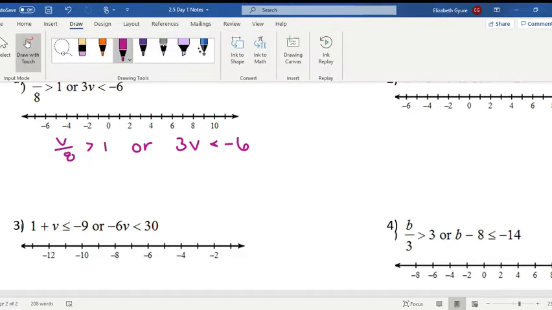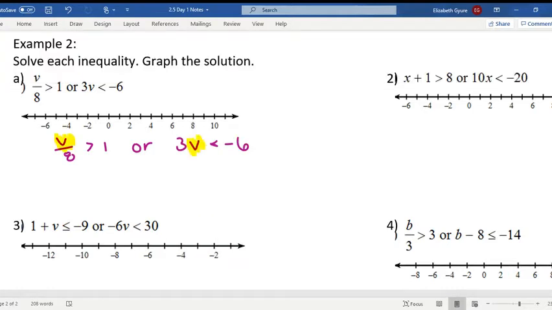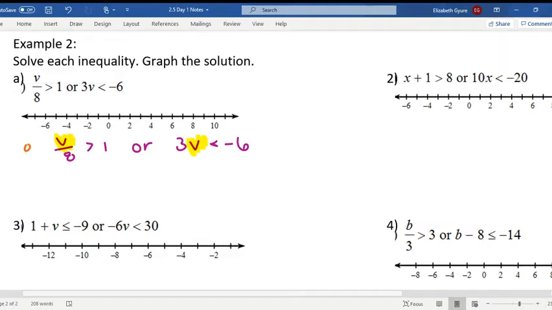So with this, just treat these as two separate inequalities, like what you did on your quiz. Focus on the one on the left first. If you have v over 8 is greater than 1, what would your opposite operation be? Multiply by 8. So multiply the left and right here by 8.